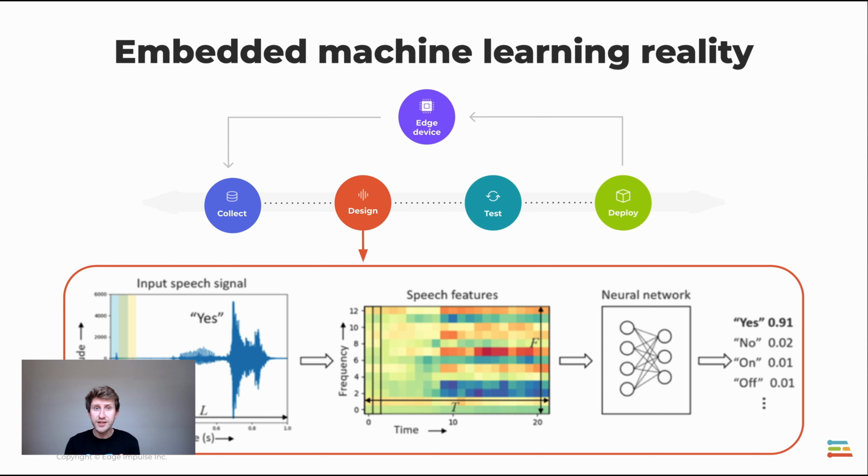Then you have the pre-processing. You can use several techniques such as fast Fourier transforms to pre-process the raw data and then pass that along to the neural network, so it can learn and classify things more easily. And then you have the machine learning architecture itself that can contain several parameters.